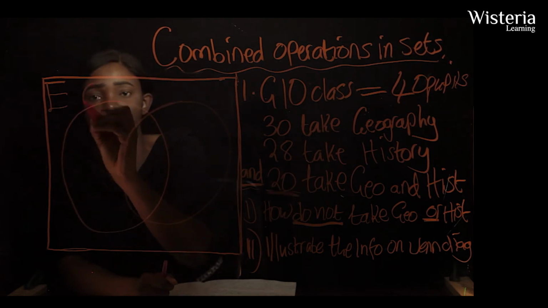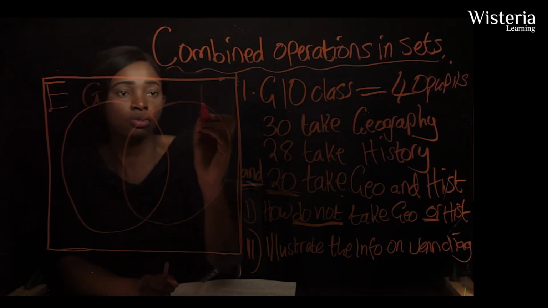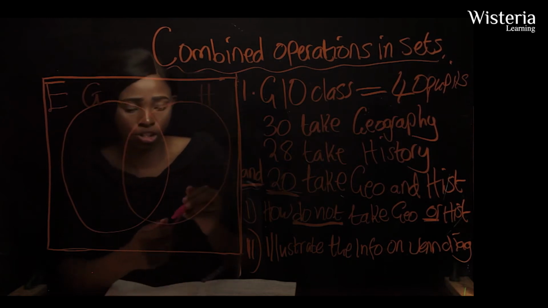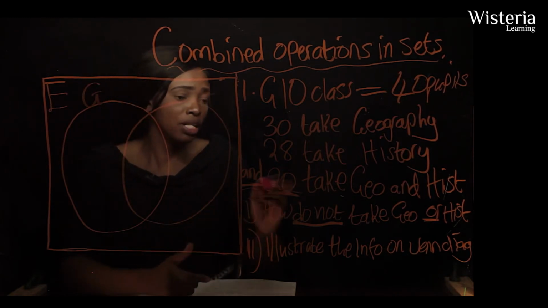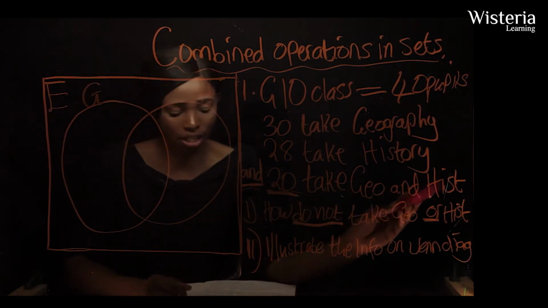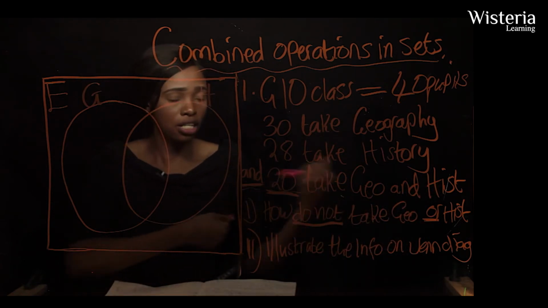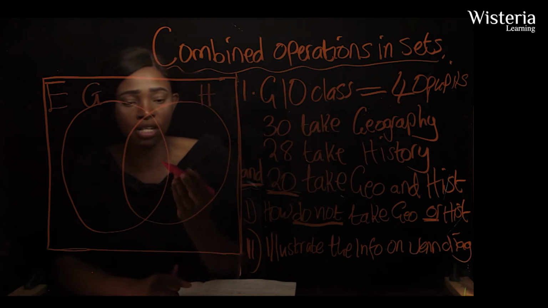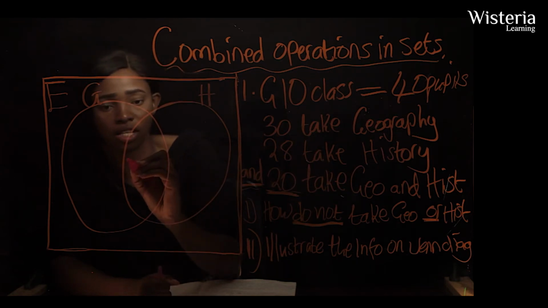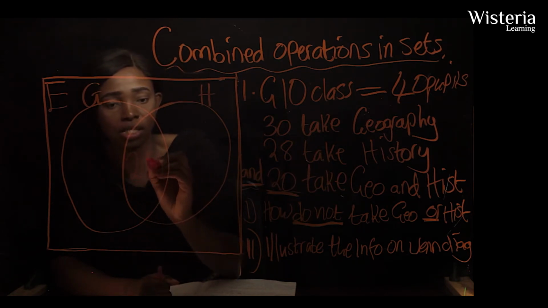This will be geography, G, and this will be history, H. Then 20 take geography and history, and the area for our intersection is this part here. So we put our 20.